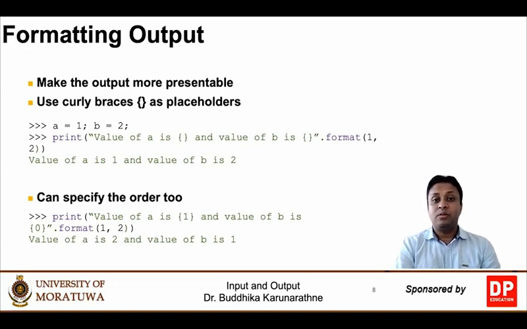We can also specify the order in which the braces should be filled. Since Python is 0 indexed, 1 is the second variable and 0 is the first variable. You can see that the values have been switched in this scenario.